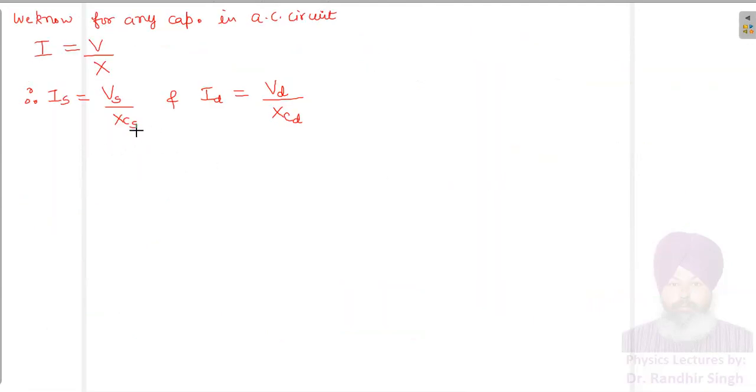So I have written down the formula for current through first capacitor and current through second capacitor. Now you can see, but in series what happens? Current remains same. So Is and Id should be equal. This will mean that Vs upon XCS must be equal to Vd upon XCD.